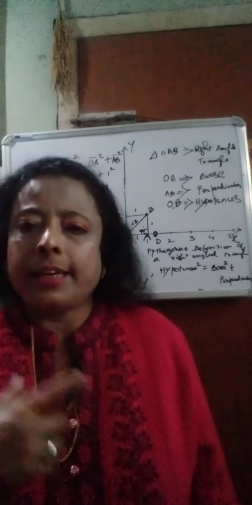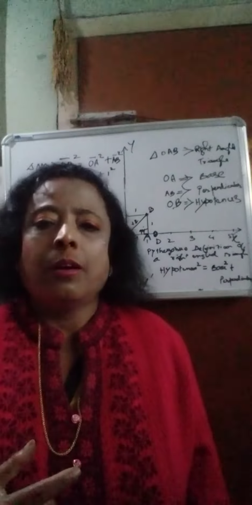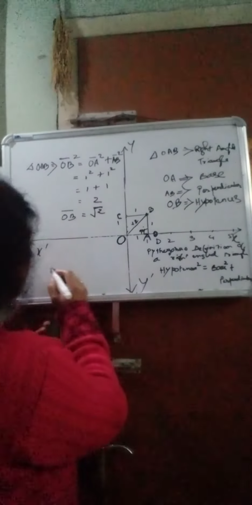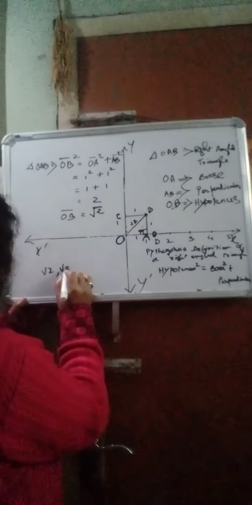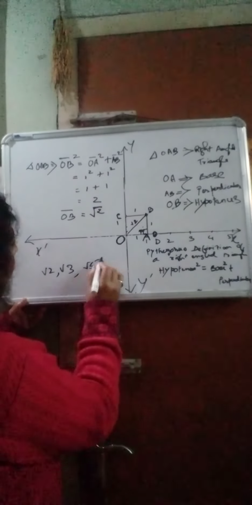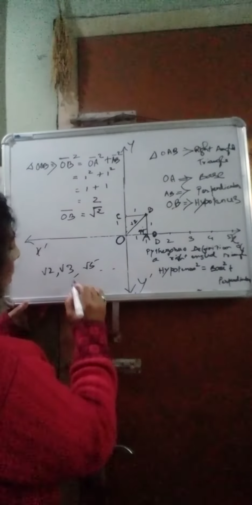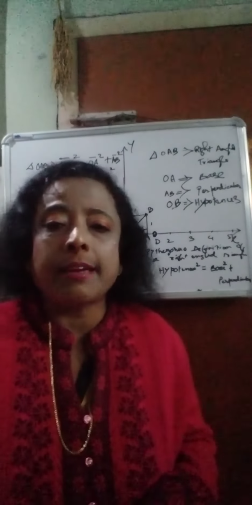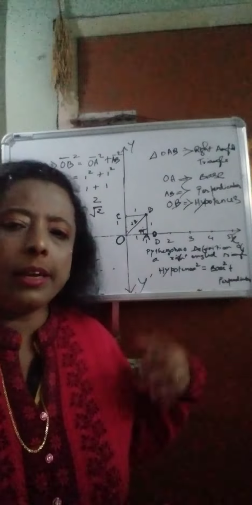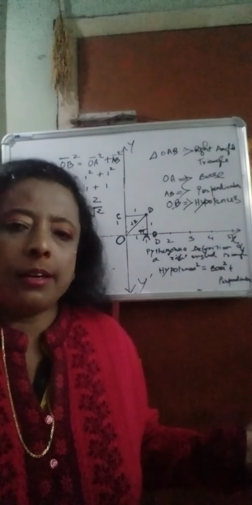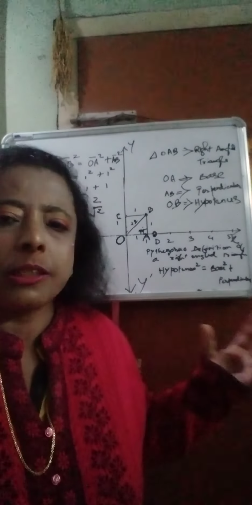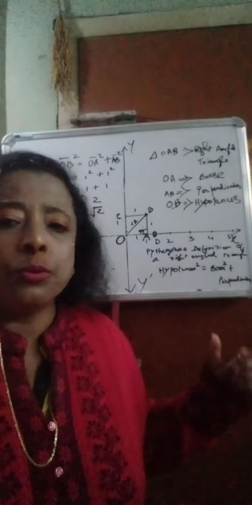In another video, I will again describe it. Examples of irrational numbers are root 2, root 3, root 5. Pi is also irrational, and pi is approximated as 22 by 7. I will explain again in another video.